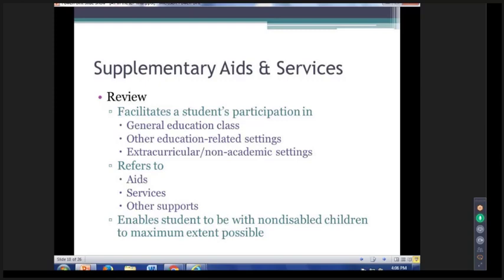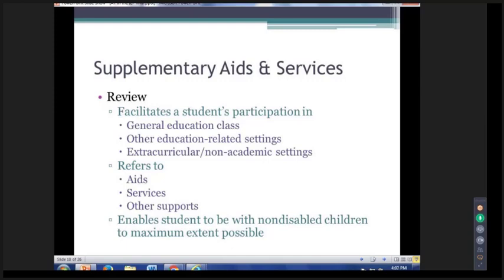And in this area, you're referring to any aids, services, or other supports. So an aid might be the actual device. The services might be the assistive technology services that have to come along with the device in order for the student to be successful with it, such as training, and then any other supports.